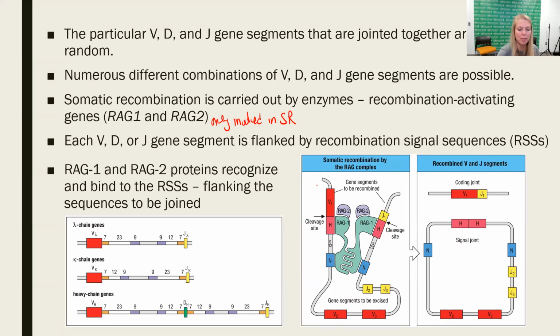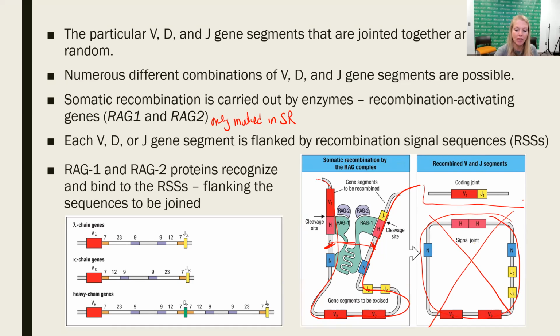We have our big string of DNA with all of our different sequence options on there for the variable region. And we have these sequences that are recognized in between. The RAG enzymes will recognize those sequences, bring these close together, and then this is joined together and cut out. Then you end up with what is left, the splicing together.